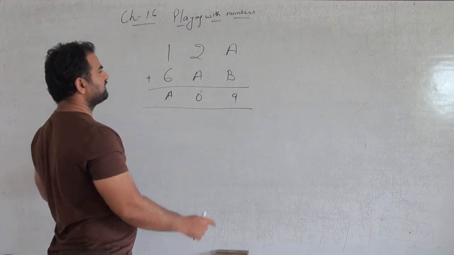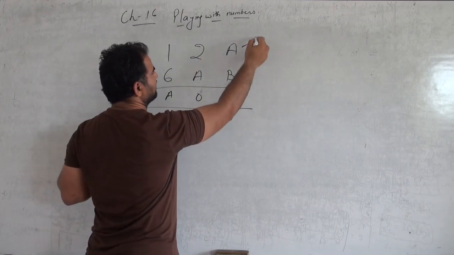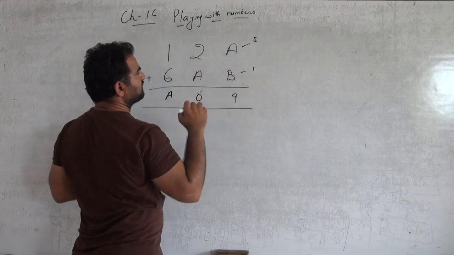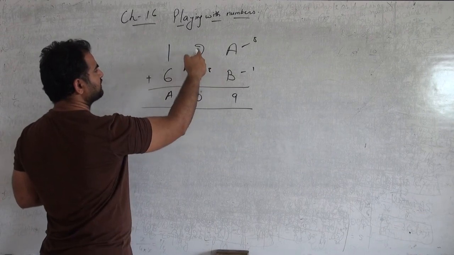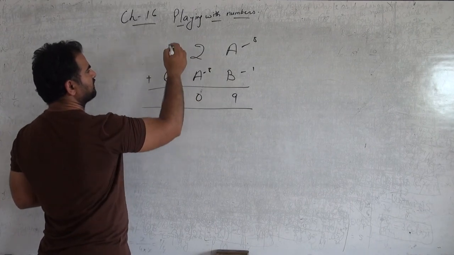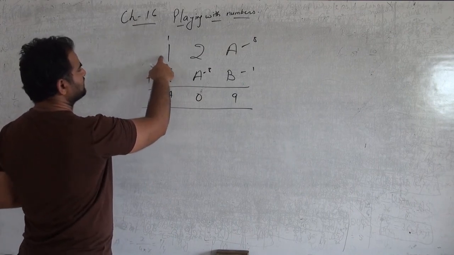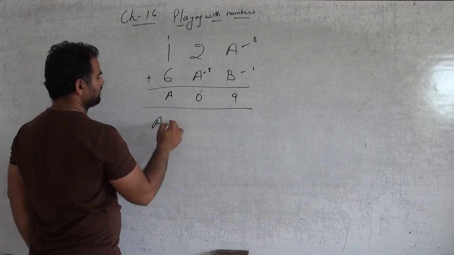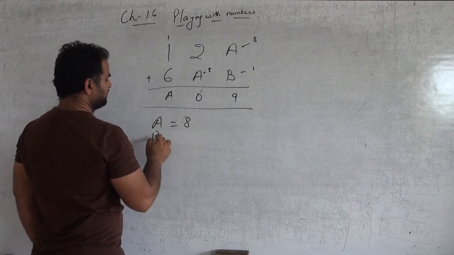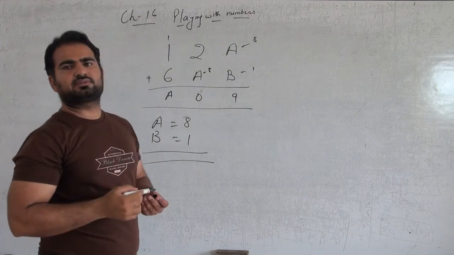Okay, what if we take it as 8? 8 plus 1 equals 9, and 8 plus 2 equals 10. 1 will be carried. Okay, 6 plus 1, 7, 7 plus 1, 8. Okay, it's correct. So A should be 8 and B should be 1. This is our final answer.